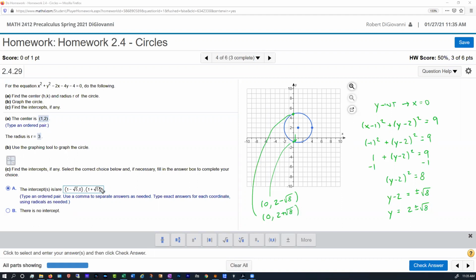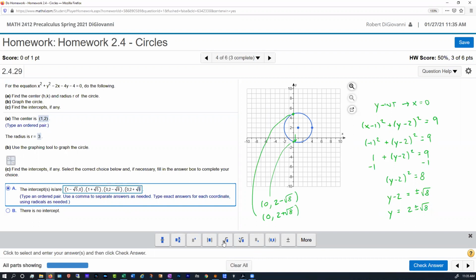So I need to put those in here. So there we go. We have 0 comma 2 minus the square root of 8, close parentheses, comma 0 comma 2 plus the square root of 8, and then close the parenthesis.